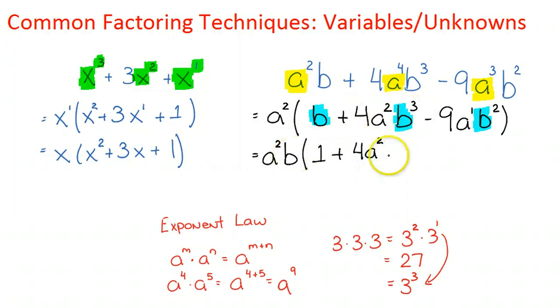B times what gives me b cubed? Well, if this is b to the 1, it's going to be b squared, because 1 plus 2 is 3, minus 9a, we won't write the power of 1, and then b times what gives me b squared, and the answer is b. And I'm done.